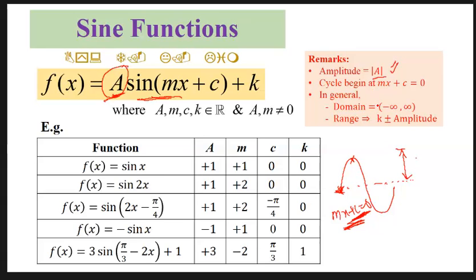In general, the domain of a sine function is from negative infinity to infinity, defined for all x values, whereas the range is the constant k plus or minus the amplitude.